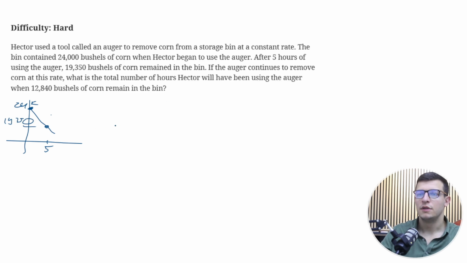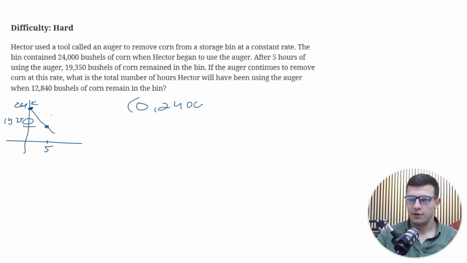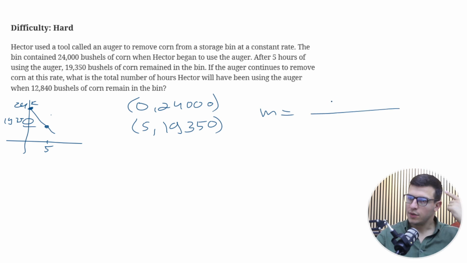Okay, so it's a linear equation, so we can easily find the slope. We know that the first point is 0 and 24,000, right? And the second point is 5 and 19,350. So the slope is going to be equal to y2 minus y1 over x2 minus x1.